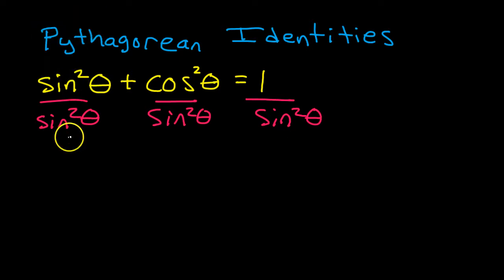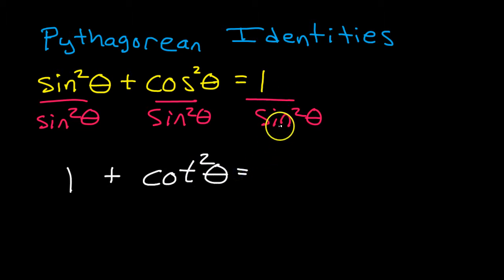Well, anything divided by itself is 1, so I'm going to get 1 right there. Cosine over sine. Remember that sine over cosine is tangent? Well, cosine over sine will be cotangent, so this would be cotangent squared theta.